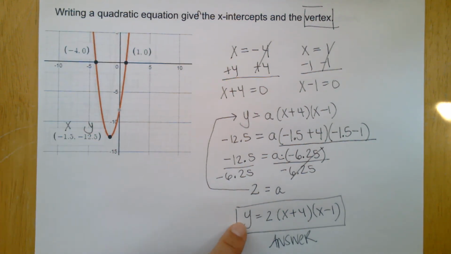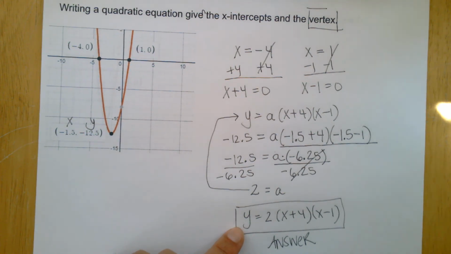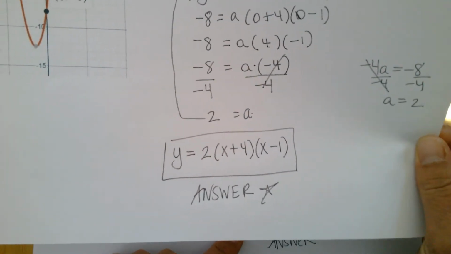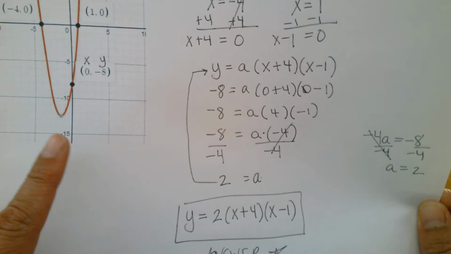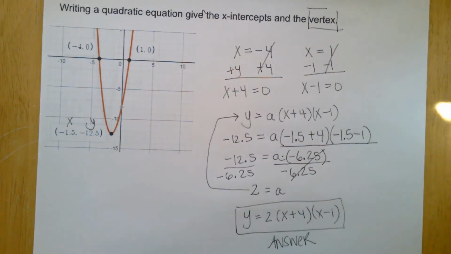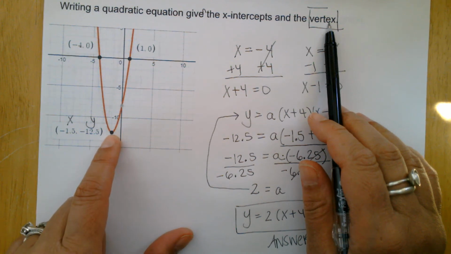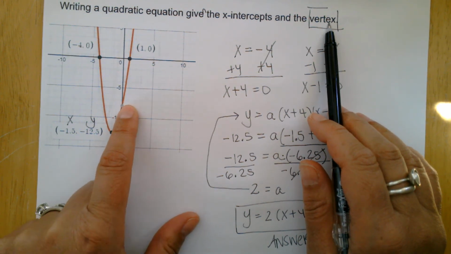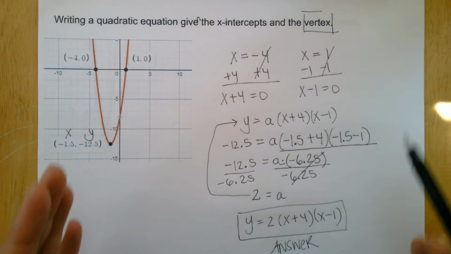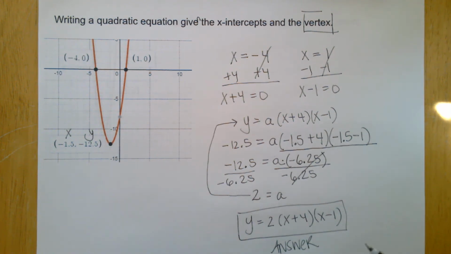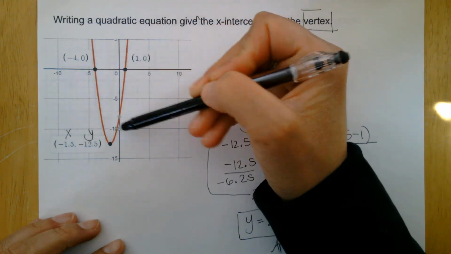We receive the same exact answer as we did here. Same exact graph, same exact answer, except we were given the vertex this time, the minimum, not the y-intercept. So we still did the same process, we just had a different point on our curve.